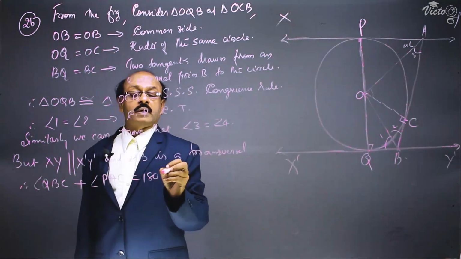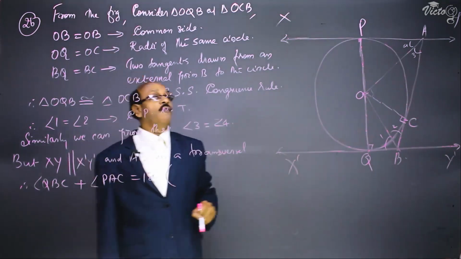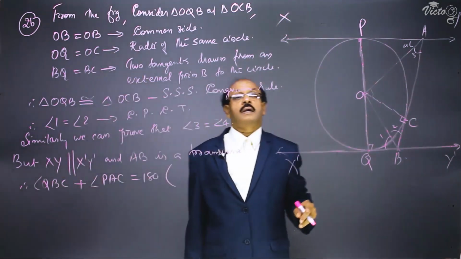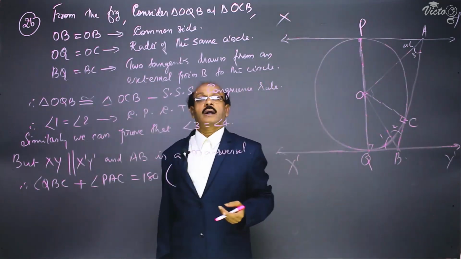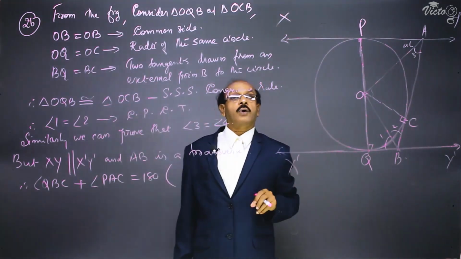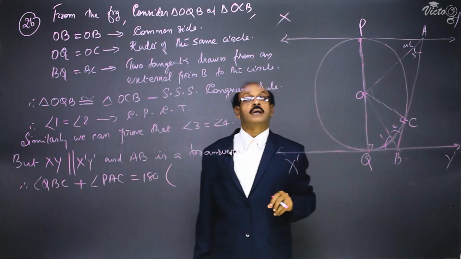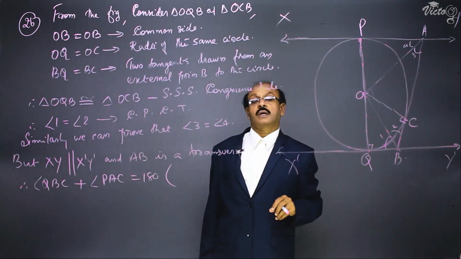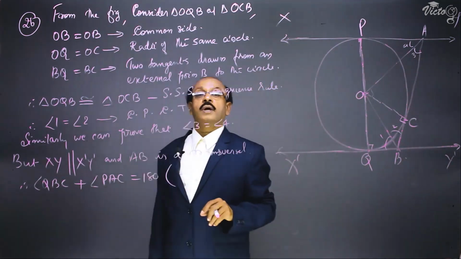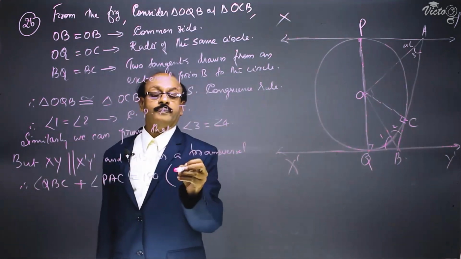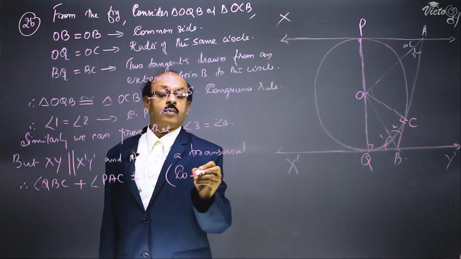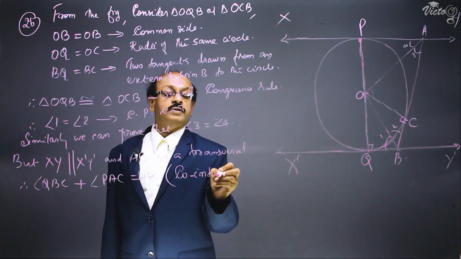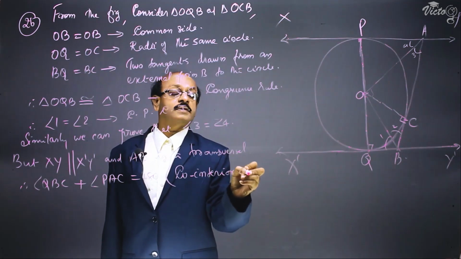We have to give the reason. The reason is when a transversal intersects two parallel lines, the pair of co-interior angles is supplementary. Here the reason is co-interior angles.